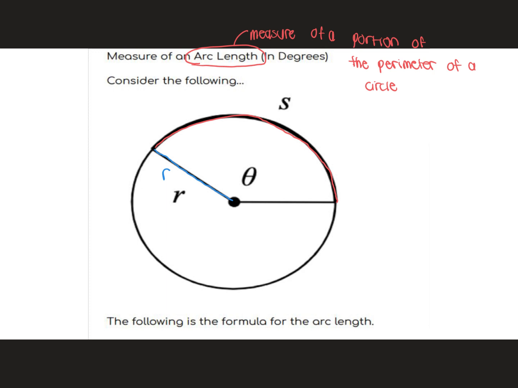Technically, S stands for the arc length, and theta is our angle measure.